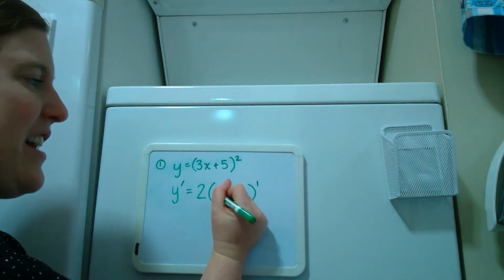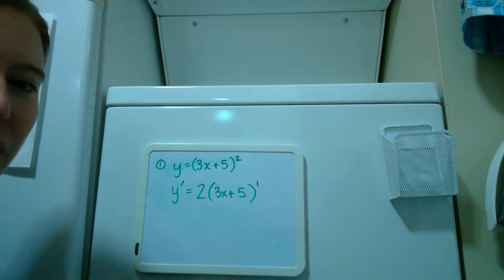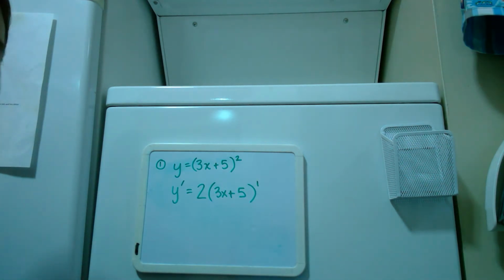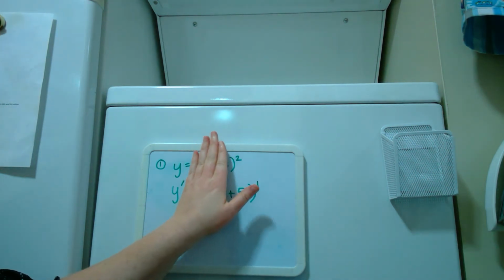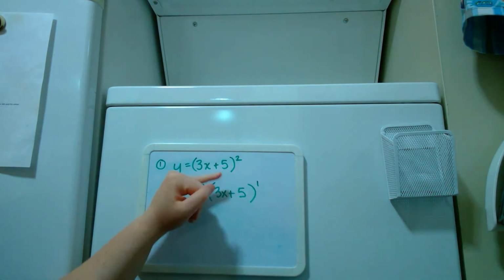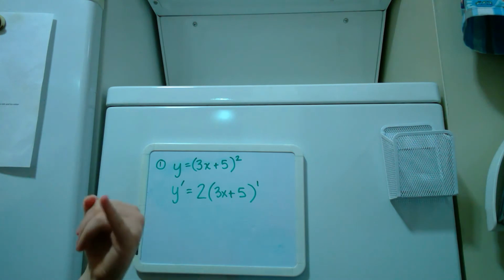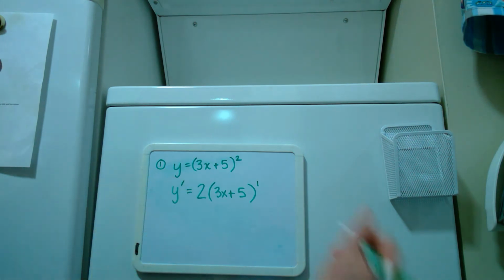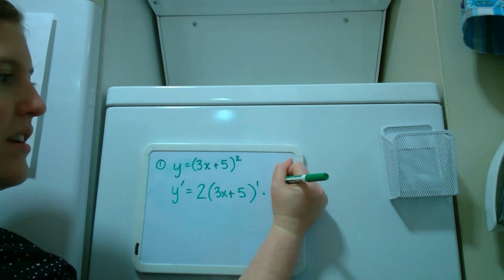So 3x plus 5. All right, and then the next step for our chain rule is to multiply by the derivative of whatever you uncover. So we uncover this, see that it's 3x plus 5. So we've got to multiply by the derivative of 3x plus 5, which is 3.